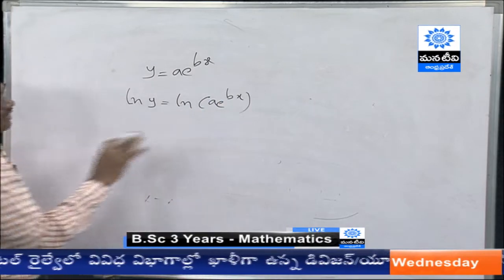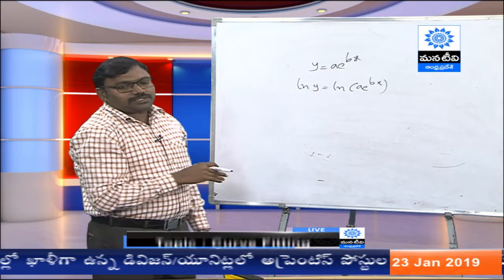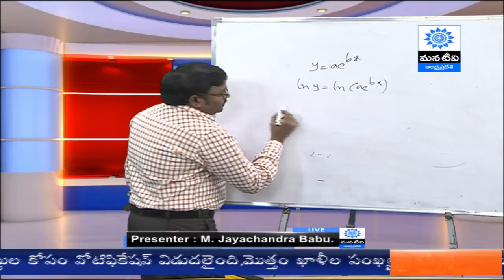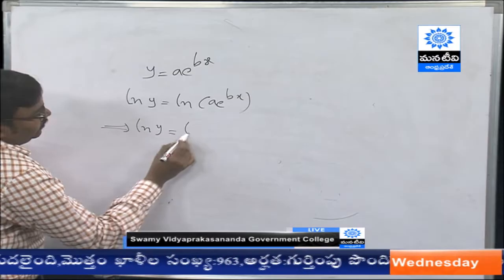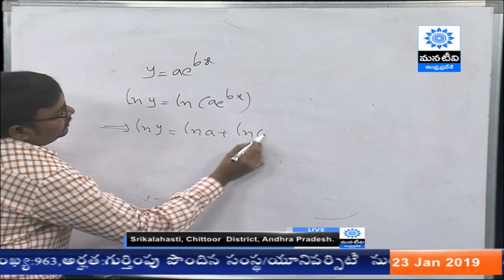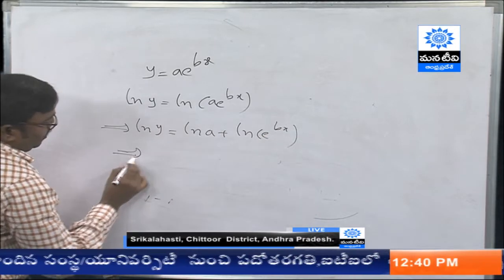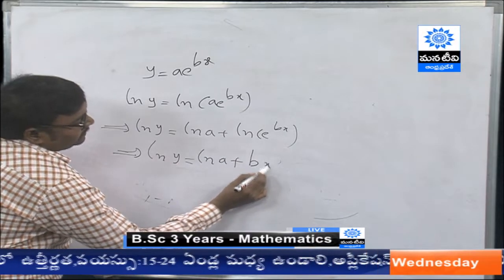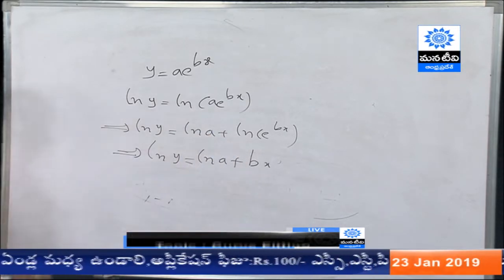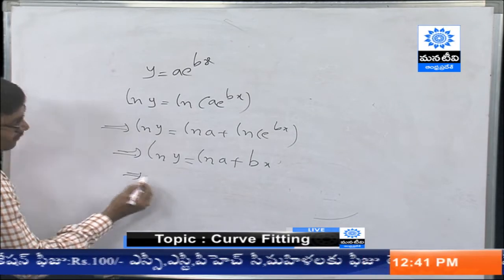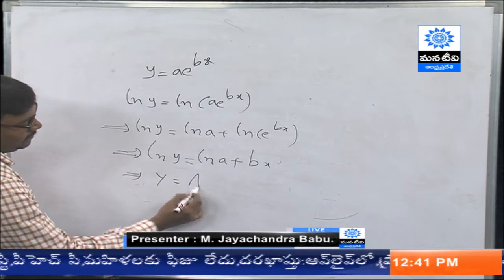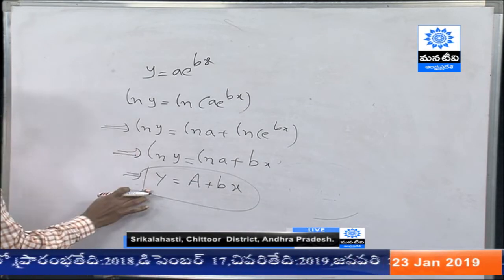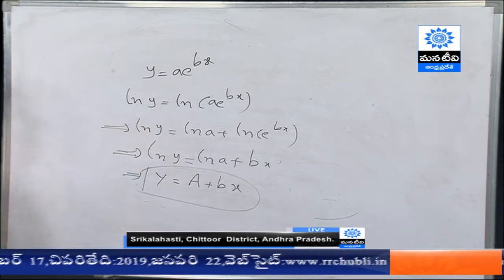The difference between logarithm and natural logarithm is that the base is 10 for log, but here it is base e, because e appears. So we can write ln y equal to ln a plus ln e power bx, which is ln a plus bx, because ln is base e. If you take capital Y as ln y and capital A as ln a, we can write this as Y equal to A plus bx, which is of straight line form.